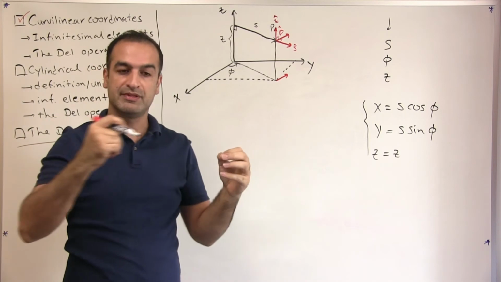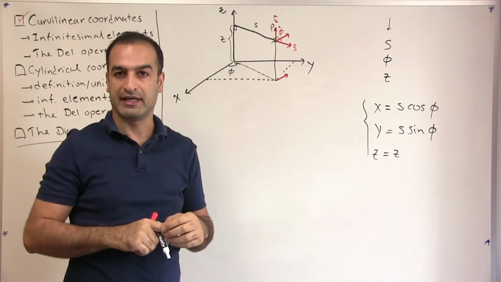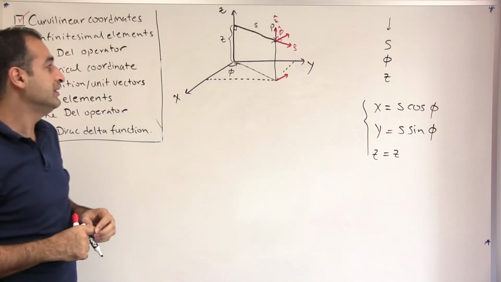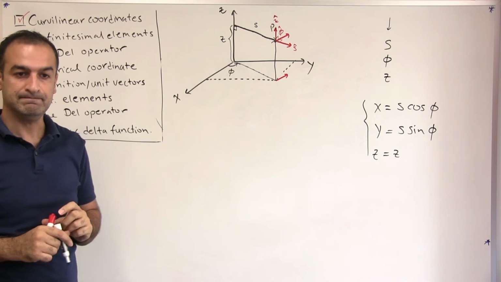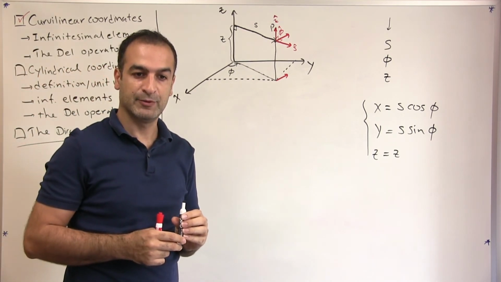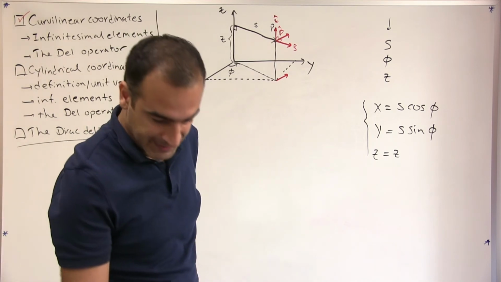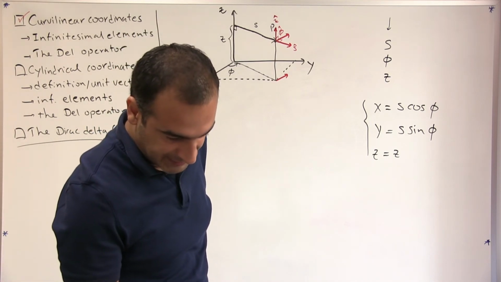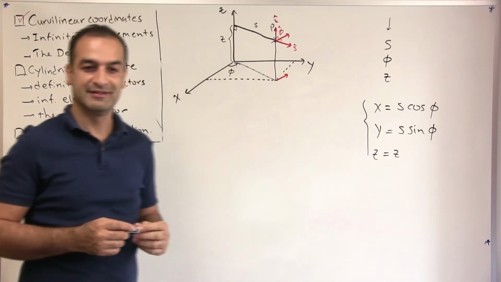If you change the position of P, if you change the angle, the direction of s hat and phi hat is going to change. And they are only a function of phi, the angle. So far, so good? Any questions?